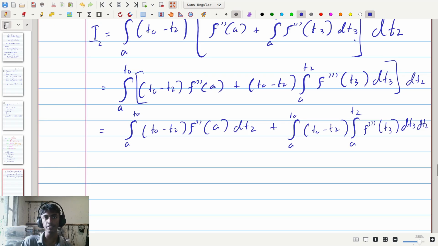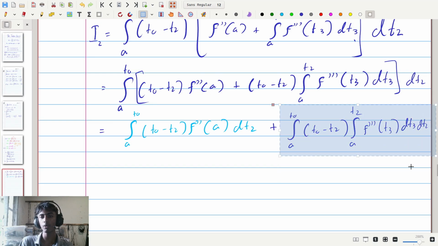So this is the expression we have. We're going to color code this first one separately and the second one separately. The first one we color code in this cyan kind of blue, and the second integral we'll color code in this dark green.